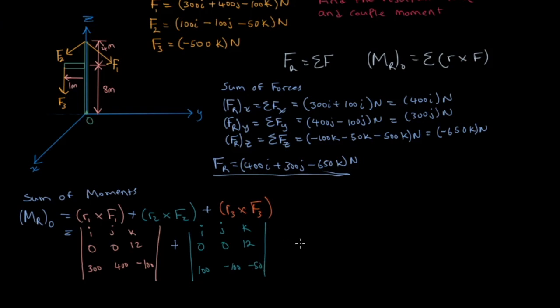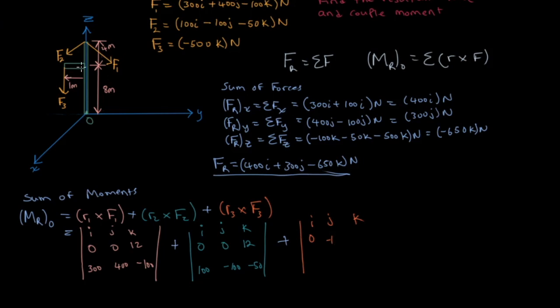Okay, and then last but not least, we have F3. So we're going to put in our i, j, and k. And what is the distance? Well, we know that it has no x coordinate, so that's going to be 0. It does have a y coordinate though, and it goes 1 meter in the negative y direction, so we're going to put -1.